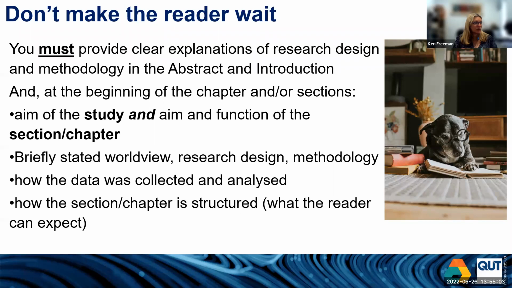What's the worldview? Potentially, maybe you wouldn't need that at this point, but certainly your design methodology, something about how the data was collected, and of course, how the section or chapter is structured. So a lot of information to put in the beginning, isn't it? So at the beginning of the methods chapter I'm talking about here, let's have a look at some examples.